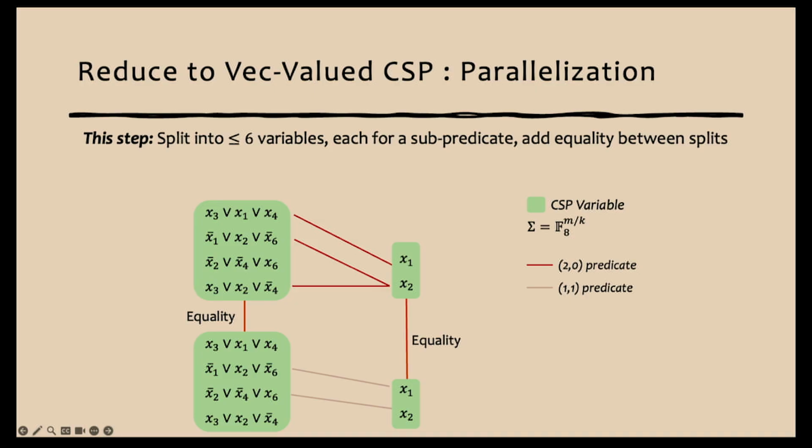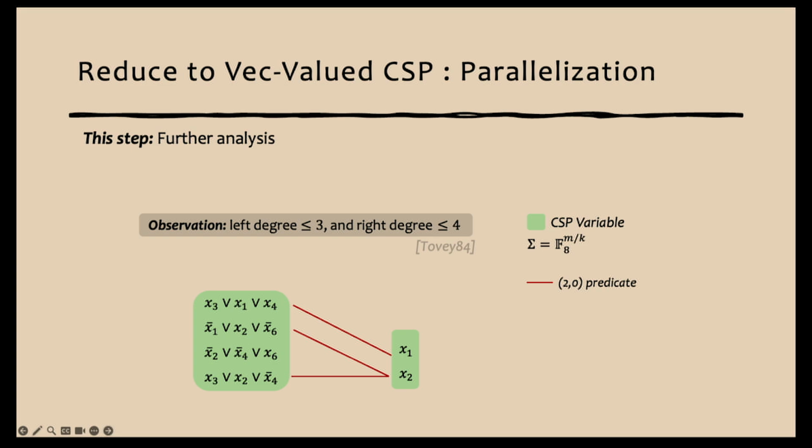So now the constraint between a clause group and a variable group only has a unique type of subpredicate, and we focus on one constraint here. By further analysis, we can find that this graph has left degree at most 3 and right degree at most 4.